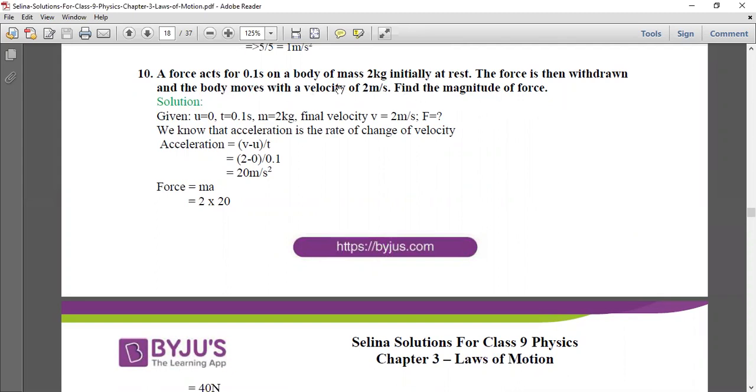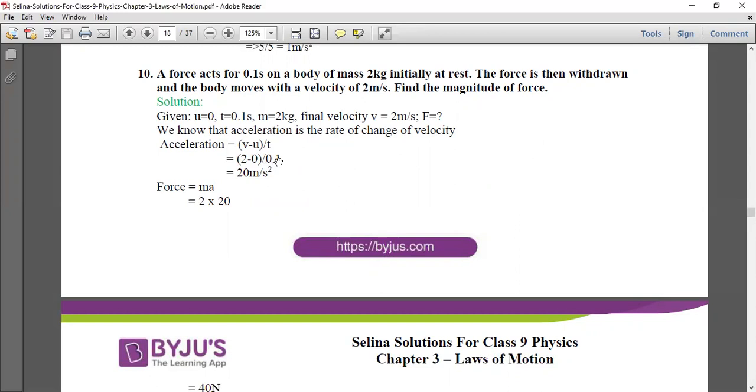So the force is withdrawn and the body moves with a velocity of 2 meter per second, so the final velocity of the body is 2 meter per second. We need to calculate the force here. How will we find acceleration? Acceleration will be v minus u divided by t, by the first equation of motion. Final velocity is 2 meter per second, initial velocity is 0, and time is 0.1 second.